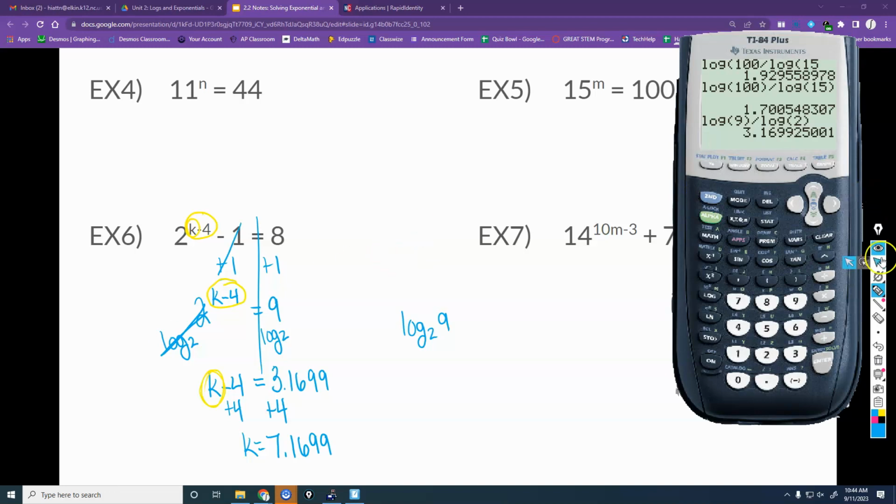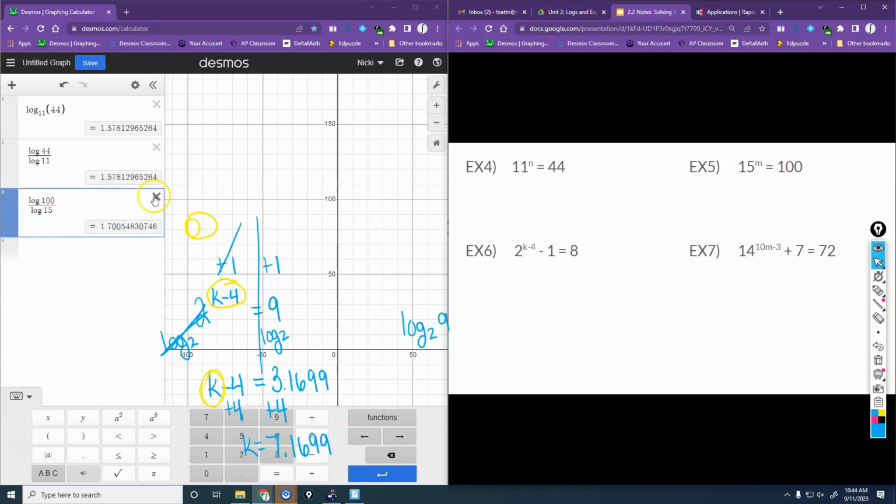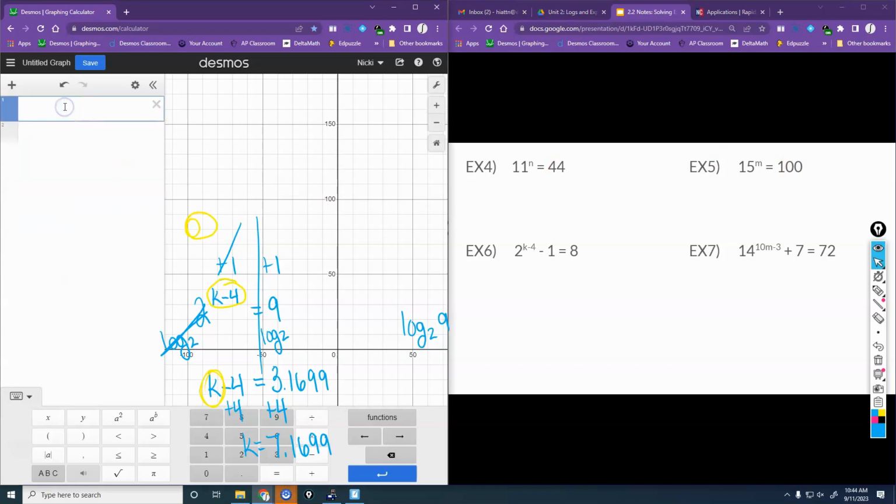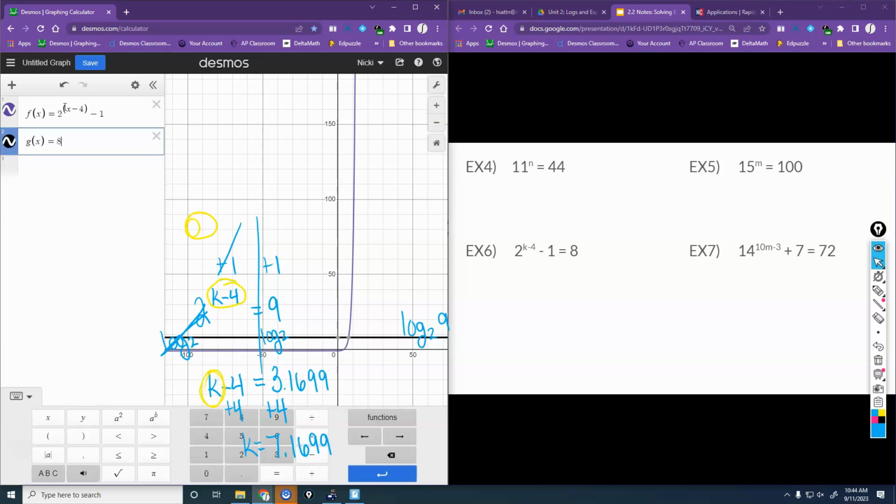Okay. Oh, I said we were going to check these on Desmos. Let's type it in real quick and check. If I forget how to do it, because we're going to have a quiz at the end of class tomorrow, we're going to practice first, and then we're going to have a quiz. If I forget how to do it and I'm desperate, I can type in f of x equals 2 to the x minus 4, use the x, don't put the k, and then minus 1. g of x is just going to equal the other side, that's 8.